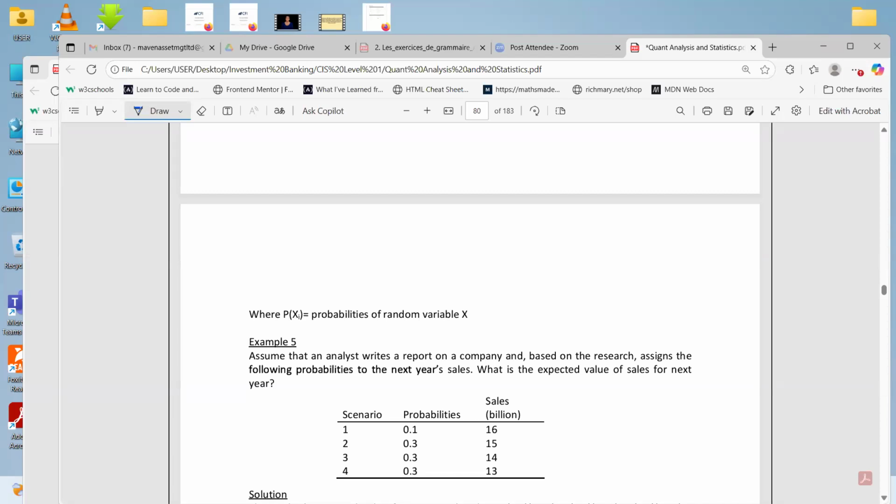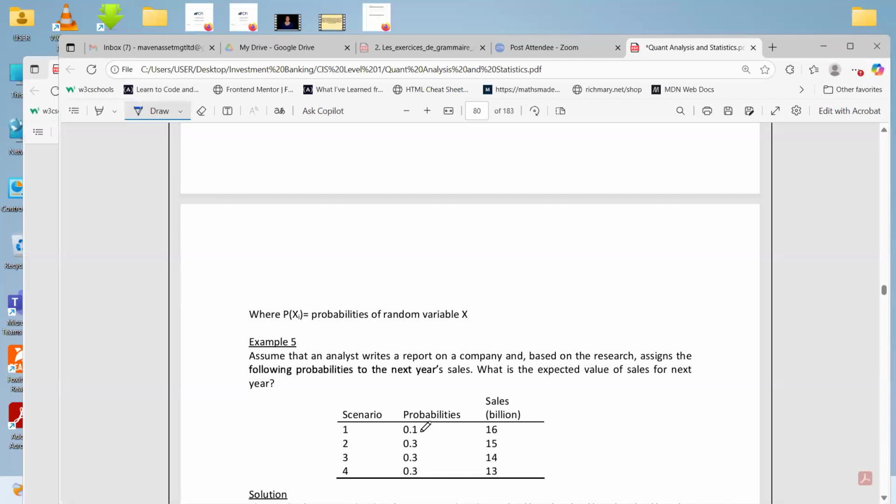Assume that an analyst writes a report on a company and based on the research, assigns the following probabilities to the next year's sales. What is the expected value of sales for next year? Good. Now, when you are giving probabilities, you need to be mindful of this. Probabilities are a special kind of frequencies, but they have been done for you.